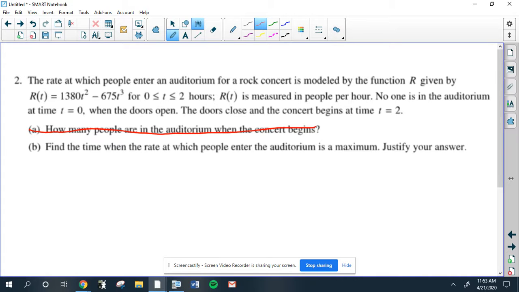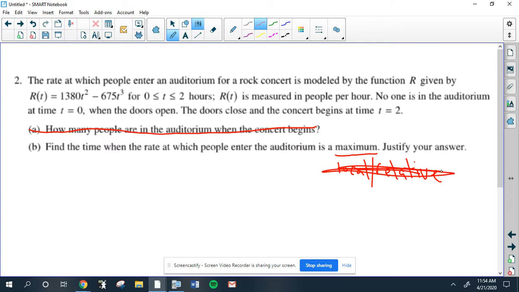So it says find the time when the rate at which people enter is a maximum. The first thing I want you to make sure you understand is don't assume that this is a local or relative maximum, same thing. If it were, then you would just use the first derivative test or the second derivative test, but you can't assume they're looking for local.